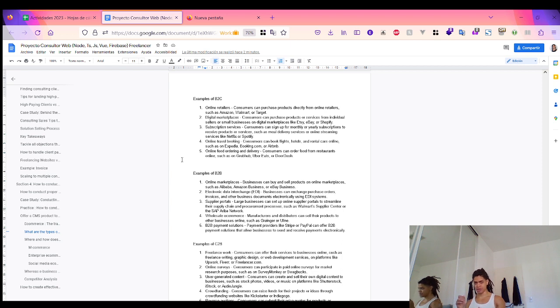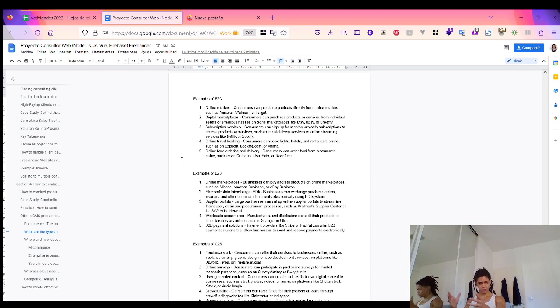Processes such as purchase orders or invoices were traditionally made on paper. Now it is done electronically through these EDI systems, among other business operations, right? Then supplier portals.